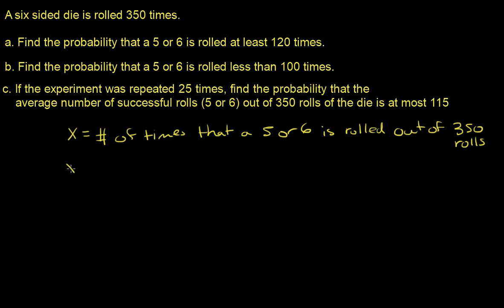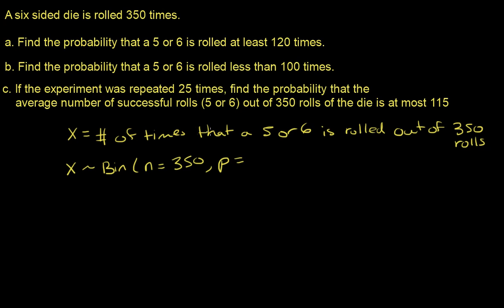Okay, so notice that x is, I'm going to use the squiggly line to note that it is binomial. Okay, and n for this binomial distribution of x, n would be 350. Okay, and p, the probability of success for this binomial distribution.